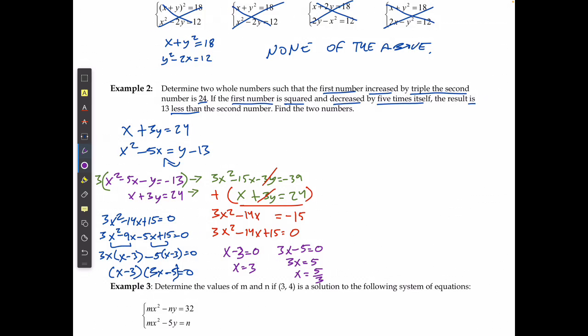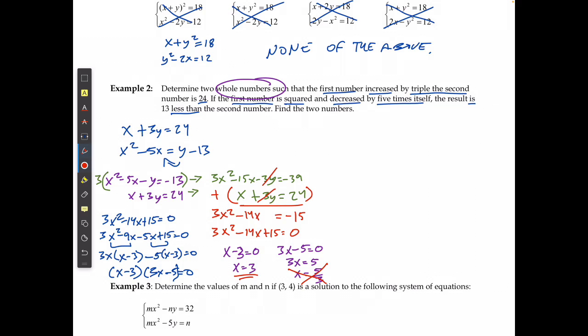Now the catch here is when I read closely for the information, it said determine two whole numbers. If they're whole numbers, then this solution isn't going to work. Only the 3 is actually a whole number.